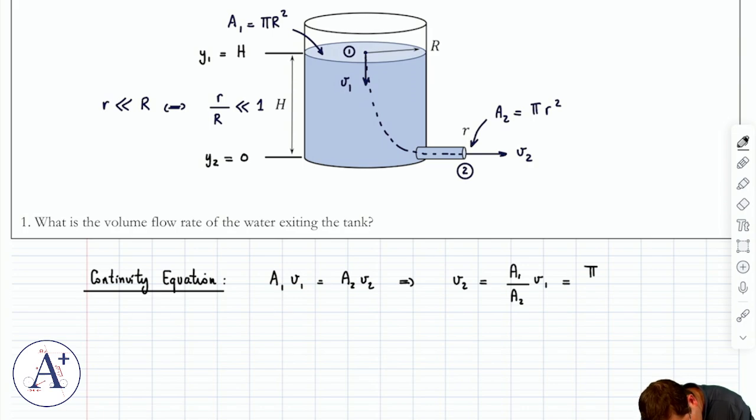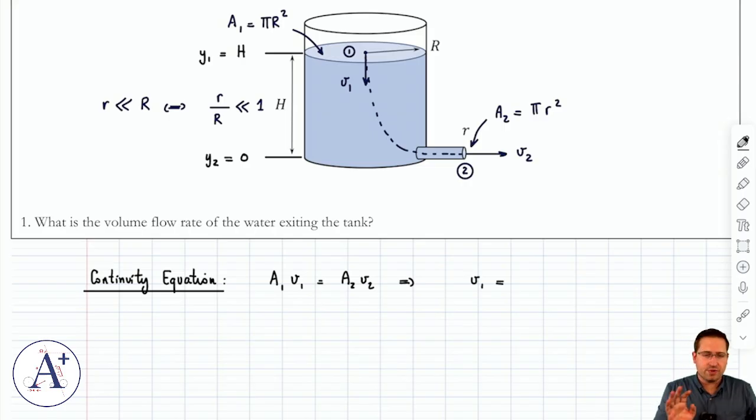That's going to be pi big R squared. I'm sorry, I'm going to do this differently. You could do it either way, but I prefer this way. I'm going to express V1 in terms of V2 instead of the other way around. It makes no difference; we come to the same conclusion.